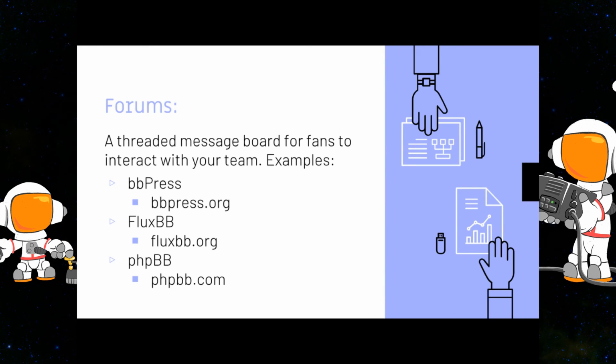BBPress in particular integrates with WordPress really well. So if you already have a WordPress website, then I would recommend BBPress because it's just a plugin. I have a soft spot for FluxBB because it looks nice, but PHPBB is by far more popular than that. There's actually a lot of different options for forums, so I highly, highly recommend researching for more.